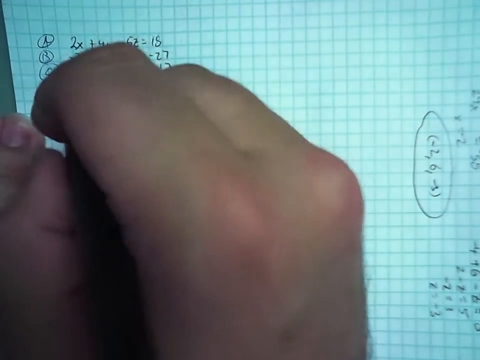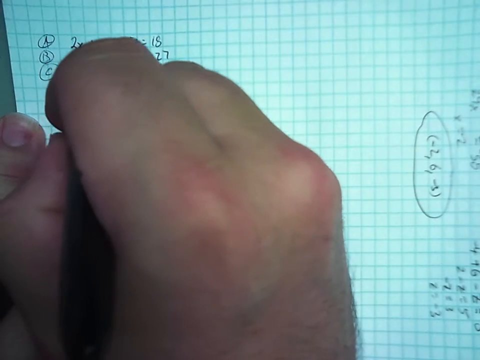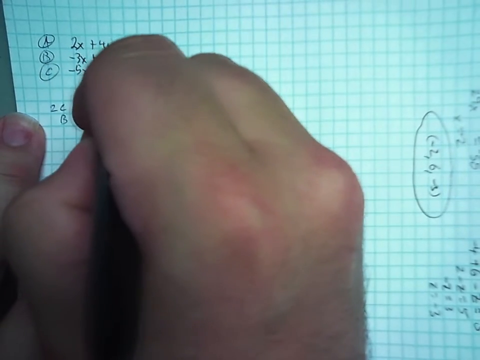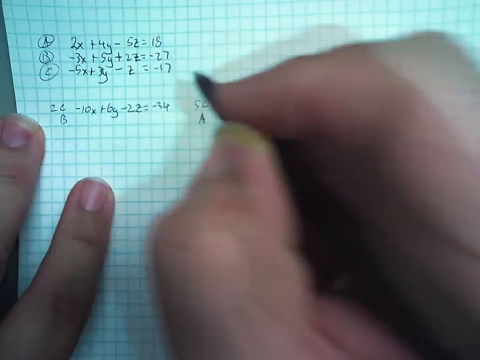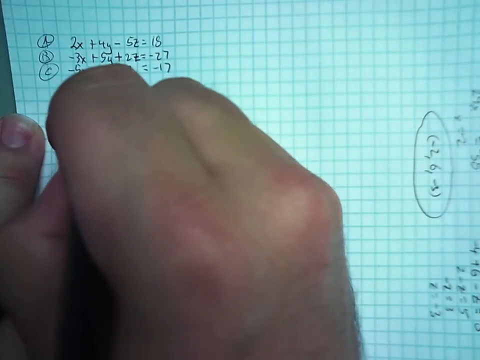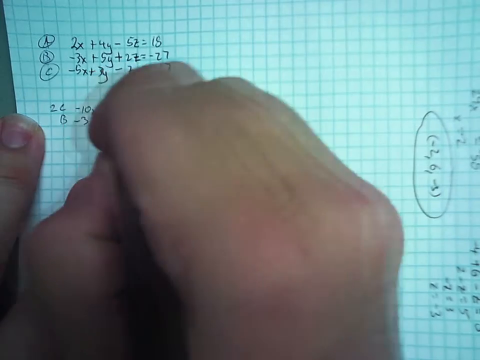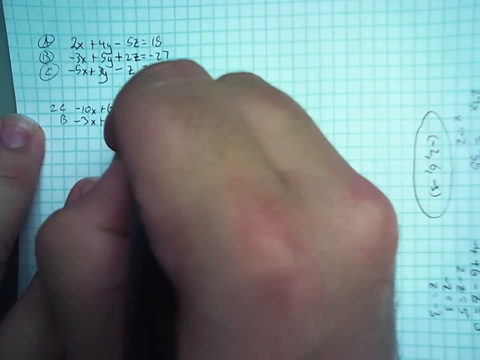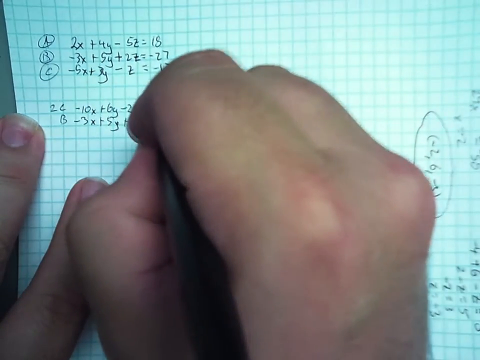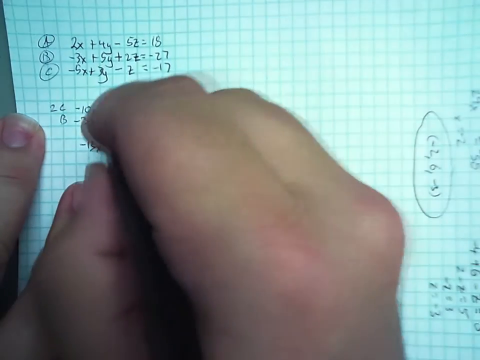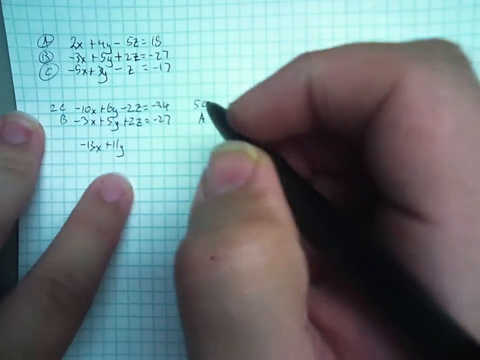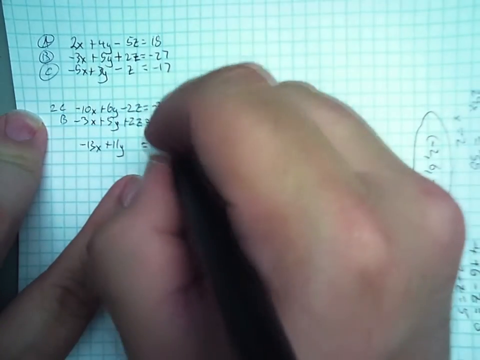There's my plan. So 2c is negative 10x plus 6y minus 2z equals negative 34. And b is still negative 3x and 5y and 2z equals negative 27. When I add those, I get negative 13x plus 11y. Those are not nice numbers.